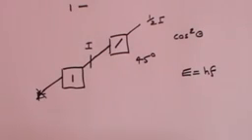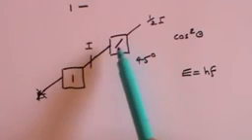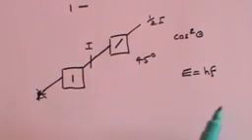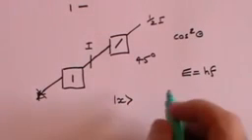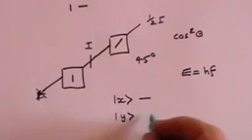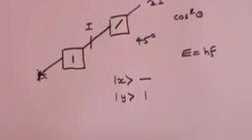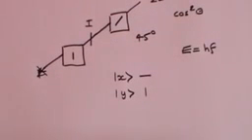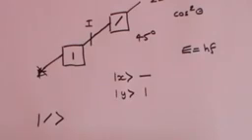But having accepted that it's weird, we now need to work out what the representation of a forward slash 45 degree state is. We've already said that we've got the X state, which is the, remember, horizontal state, and we said we have a Y state, which is the vertical state. So you might think that we can represent the state, which I'll put like this, the ket vector of the 45 degree forward slash state.